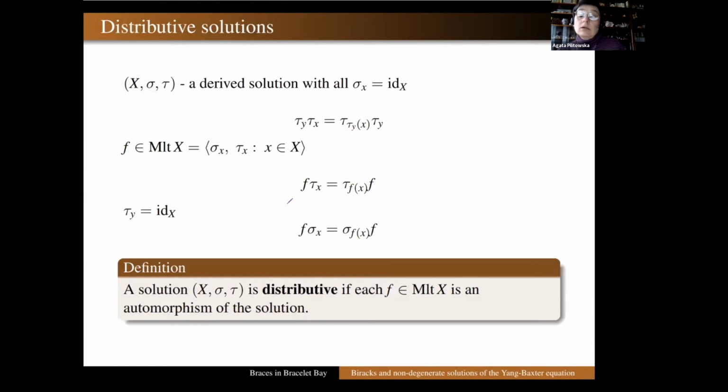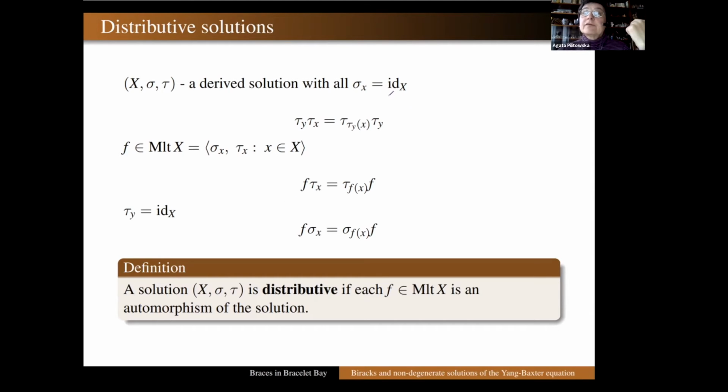Among all possible non-degenerate solutions, two types of them are particularly well studied: involutive ones, which I mentioned before, and derived solutions.